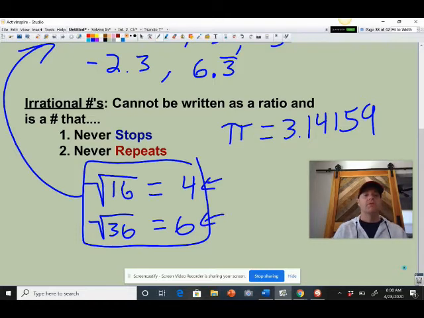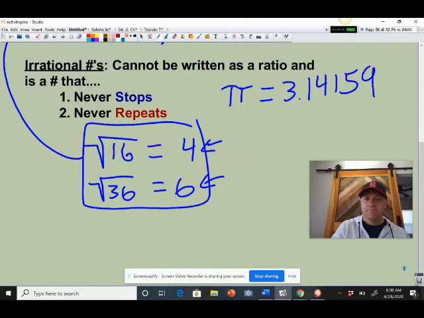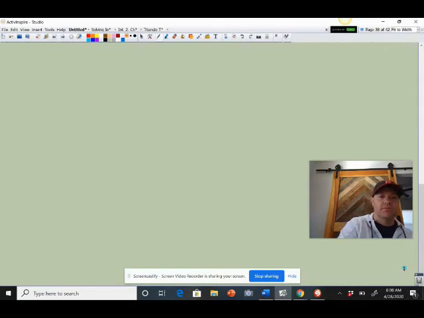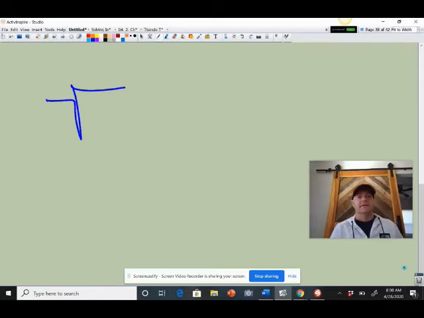So what would be an irrational number? What would be an irrational number is any number that is not a perfect square, that doesn't come out to be a whole number. So for example, the square root of, let's say, 17. Do you know one number times itself to equal 17? I don't know what it is either.